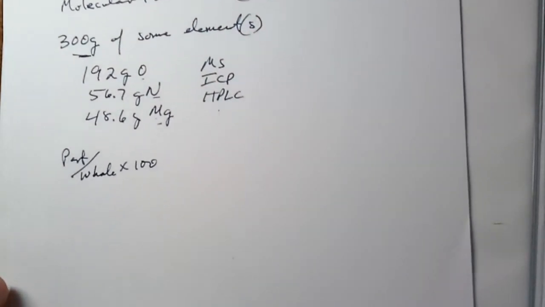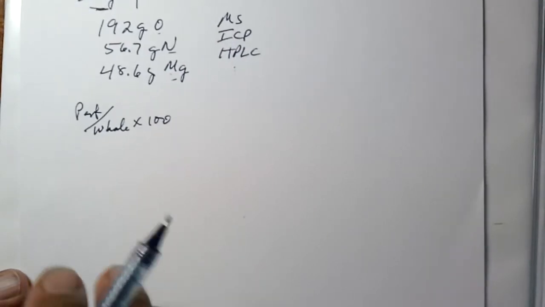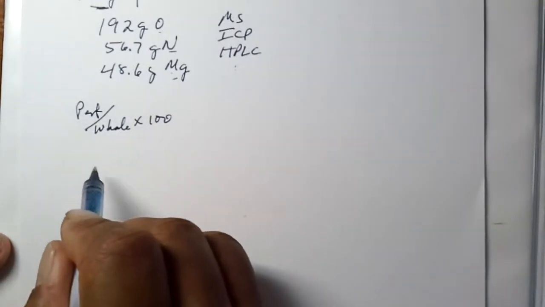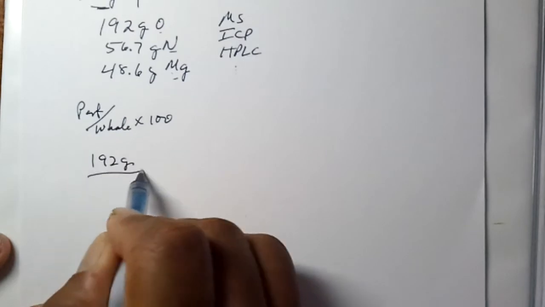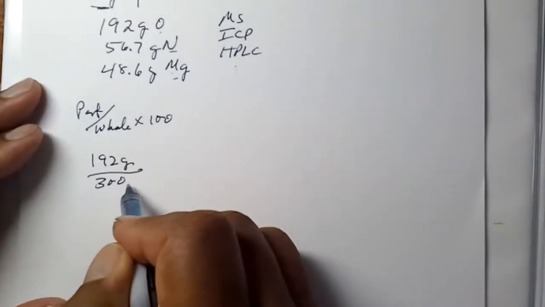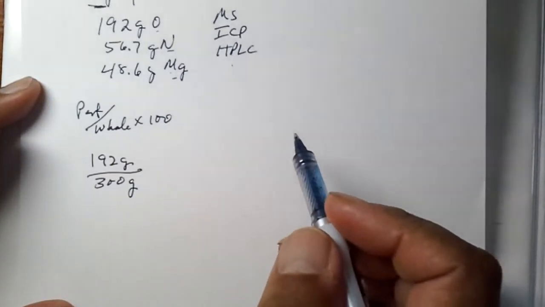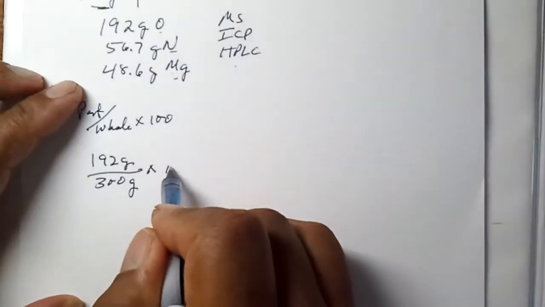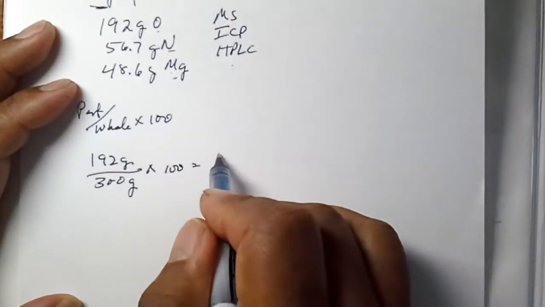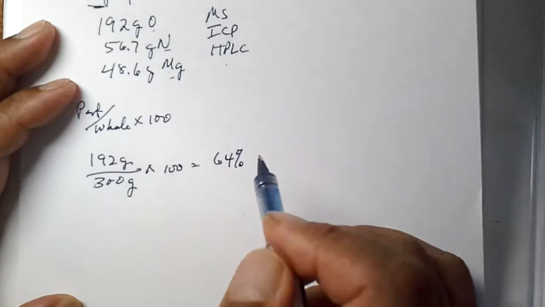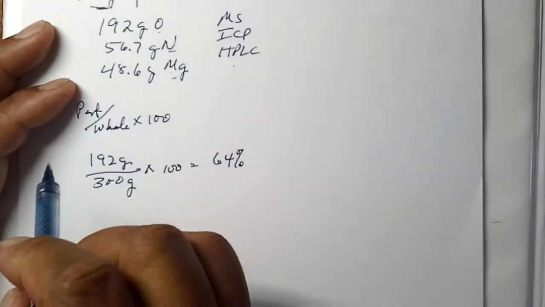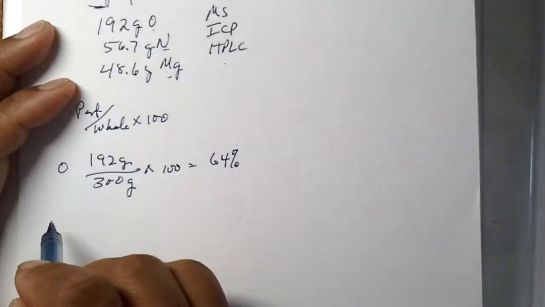Alright, so we have 192 grams, which is the part over the whole, 300 grams, times 100, will give us 64%. And this is of our oxygen.